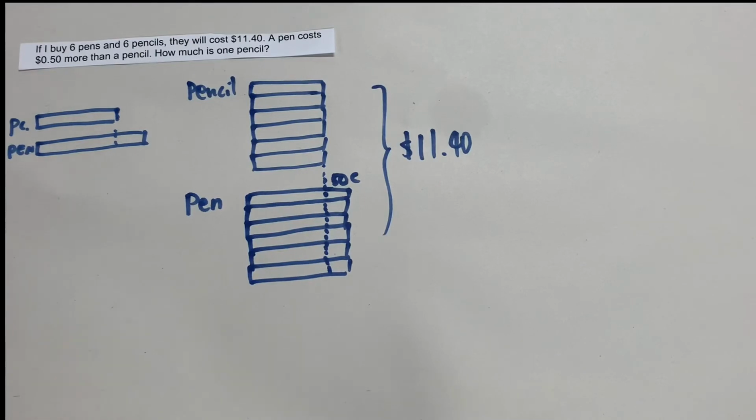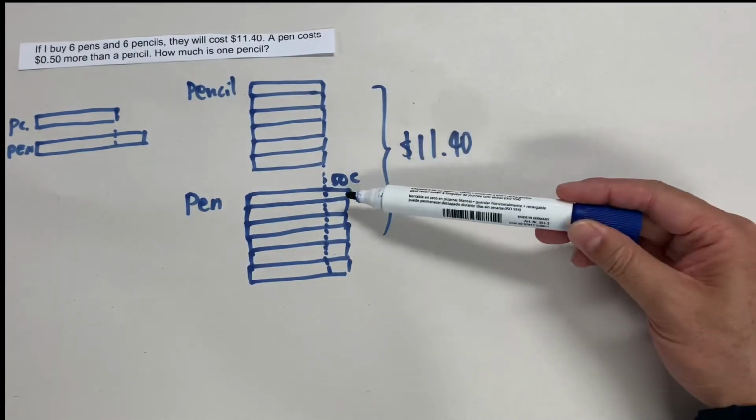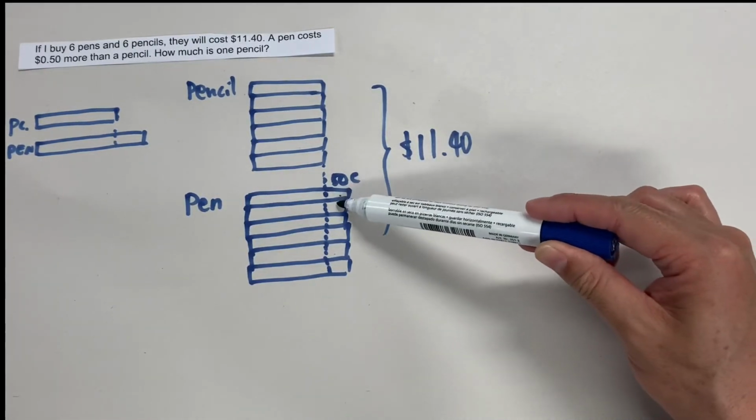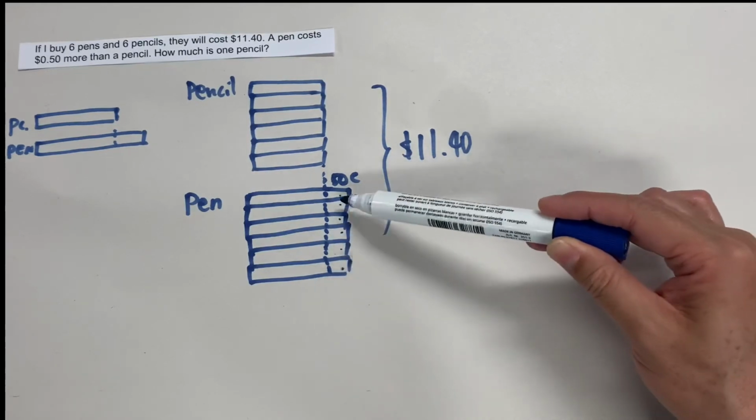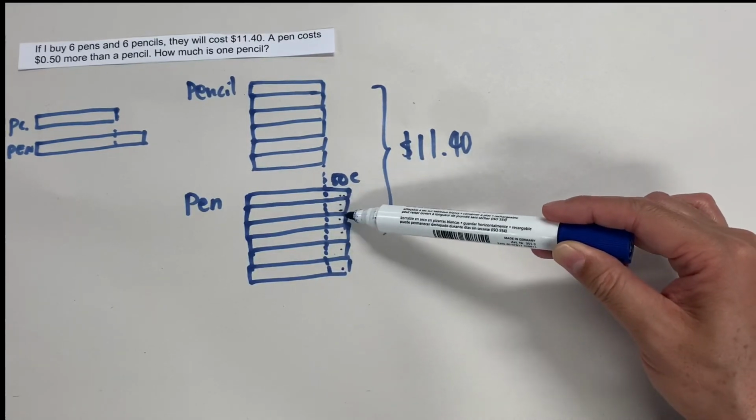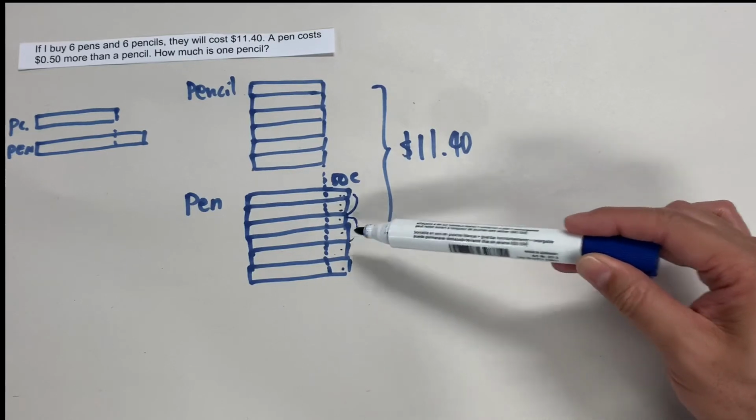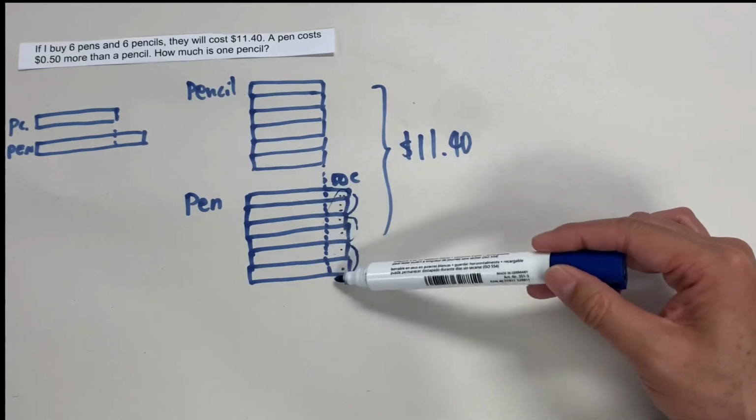How did you go? So I can find out how much the extra bits are. So 50 cents, 50 cents, that's $1. That's another $1. It's another $1. It's $3 here.